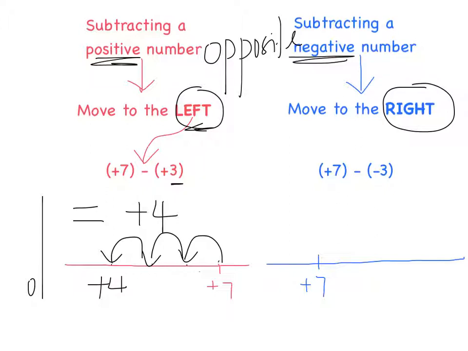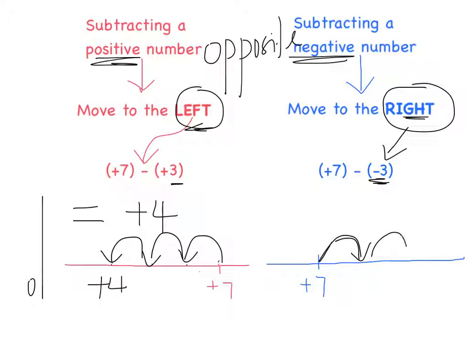If I subtract a positive number, I move to the left. If I subtract a negative number, I move to the right. Looking at this example, positive 7 minus negative 3 means I have to move to the right by 3 units.